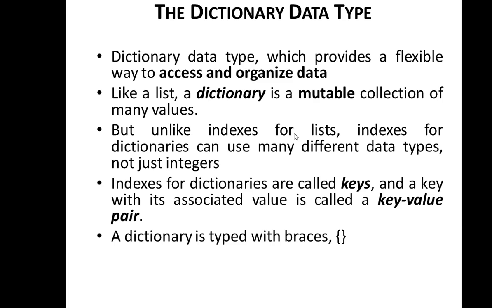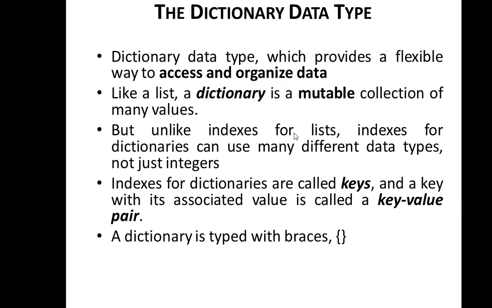So far we have seen in lists that we were accessing the items of a list using indexes. If I want to access the items of a list from the left hand side, it used to start from the index 0, 1, 2, 3. Or I could access the items of the list from the right hand side, -1, -2, -3, like that. But in dictionaries you cannot access using integers like that.